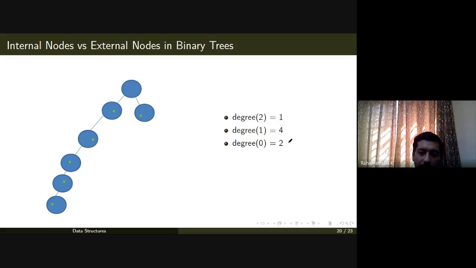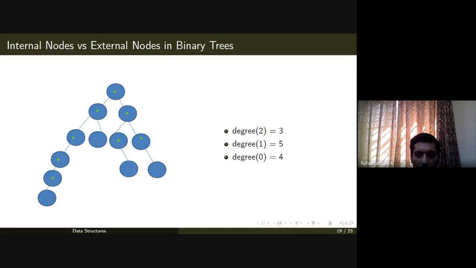Can you find a pattern in this? Anybody? The relationship between internal nodes and external nodes. What is an internal node and what is an external node? The nodes with degree 2 and degree 1 are internal nodes, and nodes with degree 0 are external nodes, right?